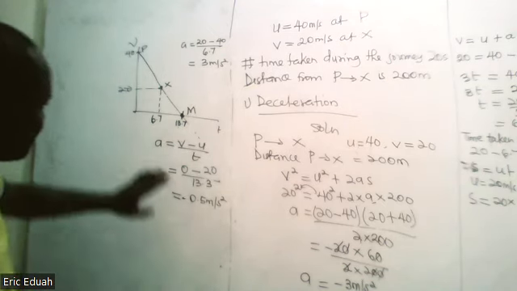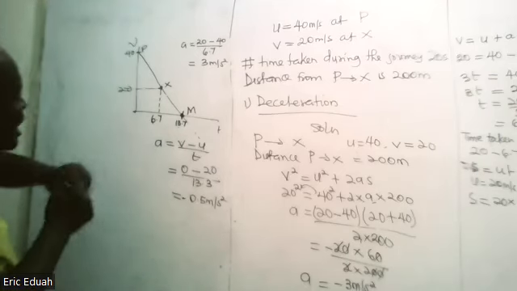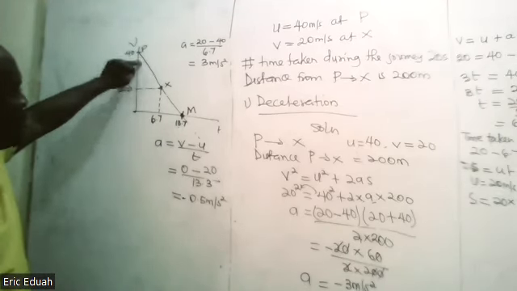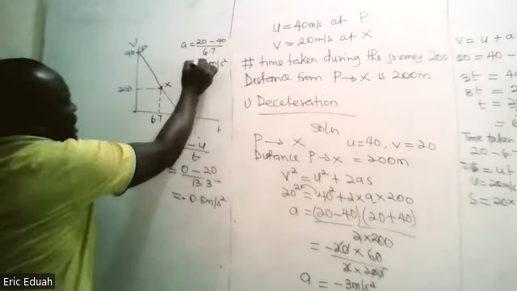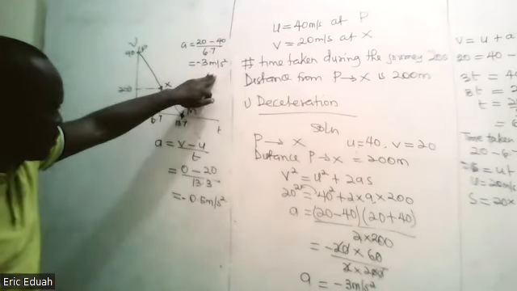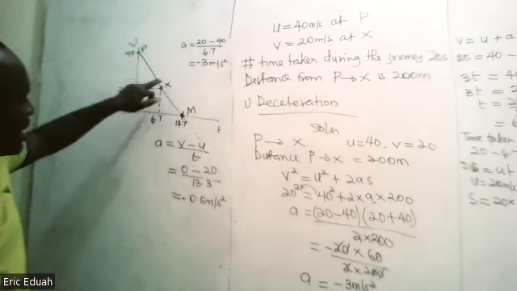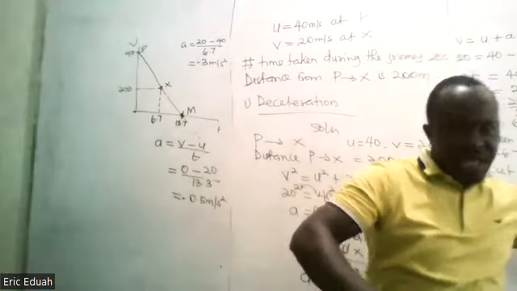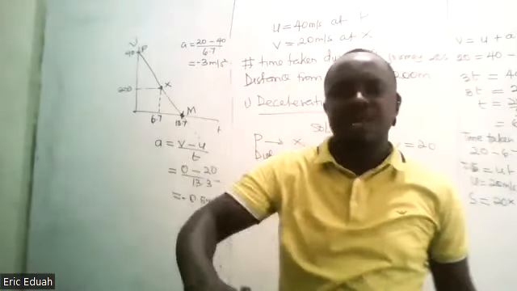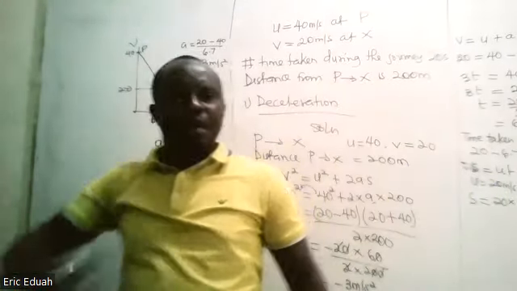Good. You see, what it means is that look at the acceleration from p to x. We got negative 3 meters per second squared. Look at it from x to m. It means that the motion is not a uniformly decelerated motion throughout.